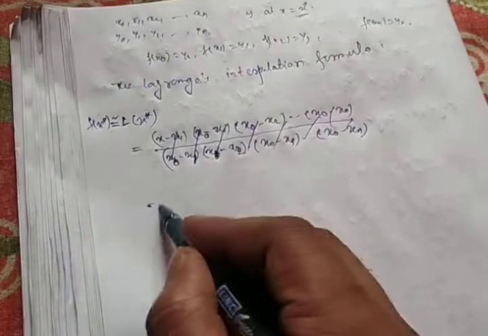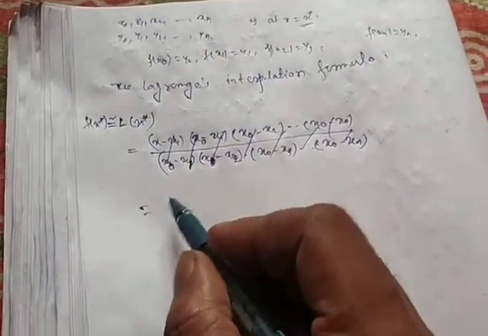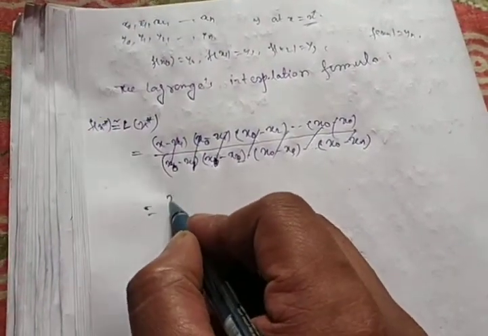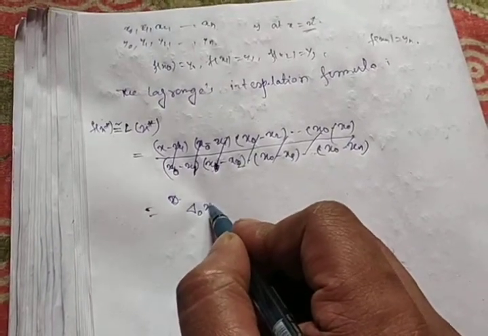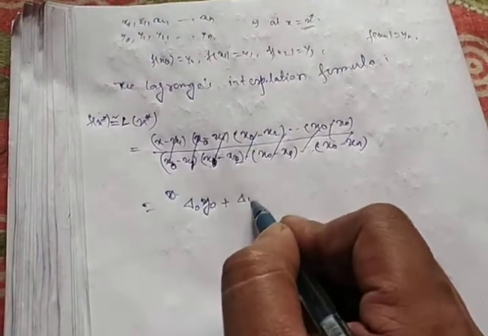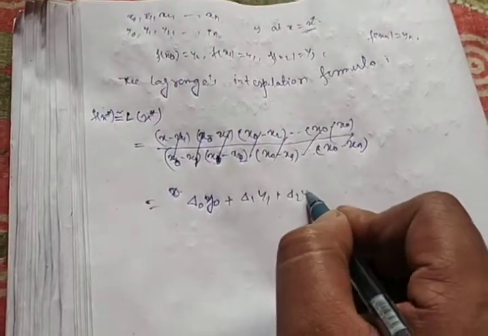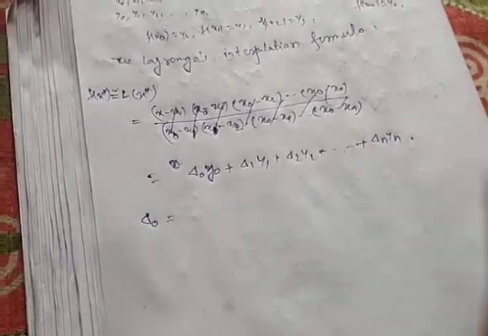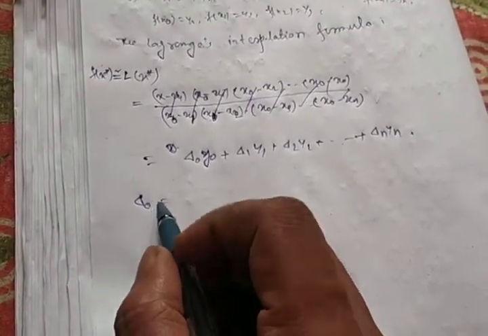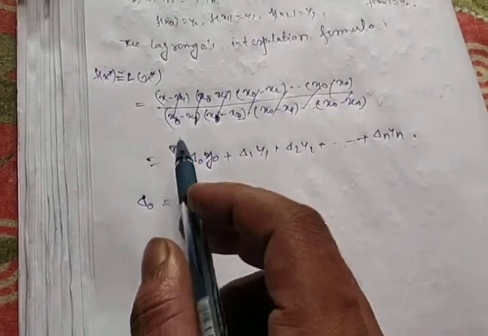Okay, sorry, one minute. Now, first, it will be written as delta 0 y0 plus delta 1 y1 plus delta 2 y2 plus up to delta n yn. Now when we find delta 0, it will correspond to x0.